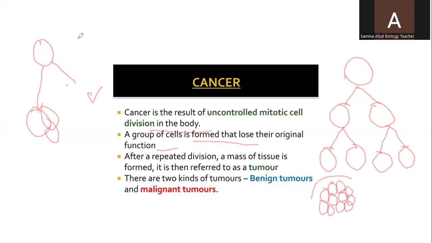A mass of tissues is called a tumor. There are two kinds of tumors: benign tumors and malignant tumors. So cancer is a disease which occurs due to the uncontrolled mitotic division of the body.